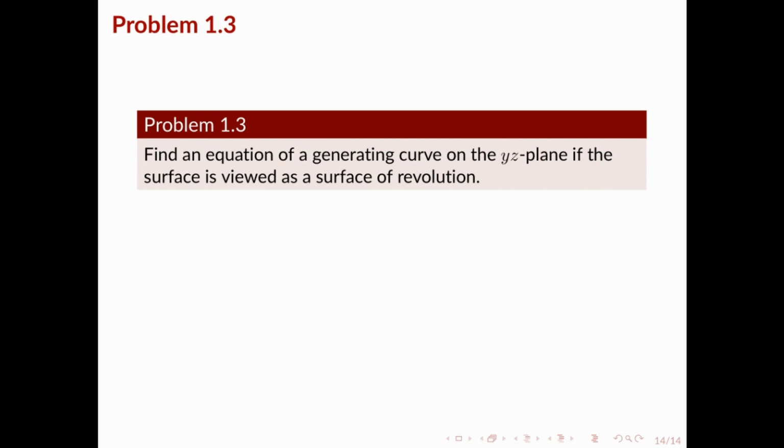Either we rotate the curve around the y-axis to get the surface, or we rotate the curve around the z-axis to get the surface. So we're going to need to look for if we can rewrite the equation in terms of x squared plus z squared equals f of y squared, or x squared plus y squared equals f of z squared. Something like those two forms that we were discussing earlier.